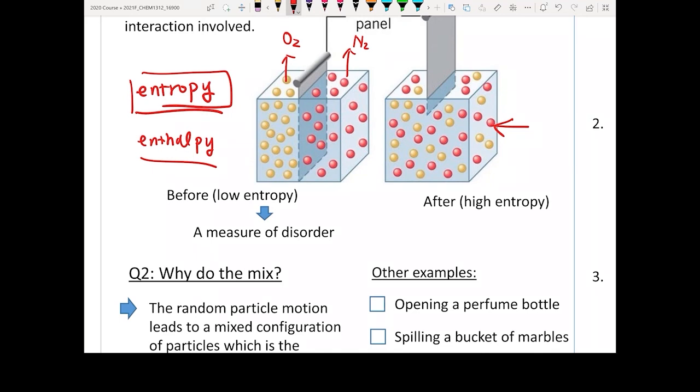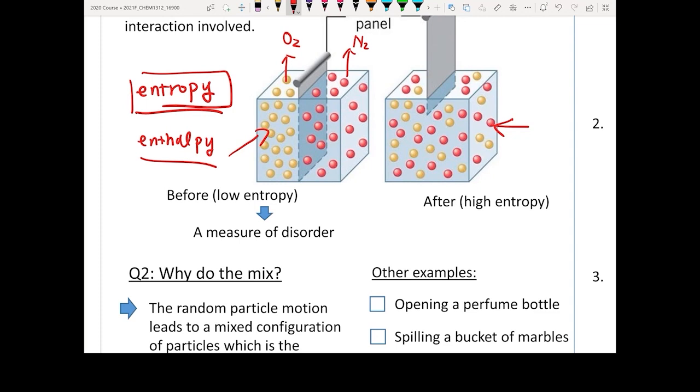Okay, so that's one of the very important concepts you want to have here, because if today you just mix things together, originally each gas molecule only has a small volume it can participate in, right? So it's kind of constrained.